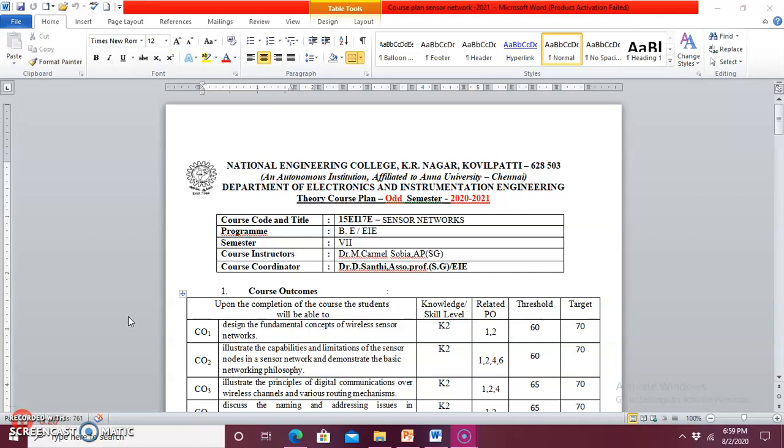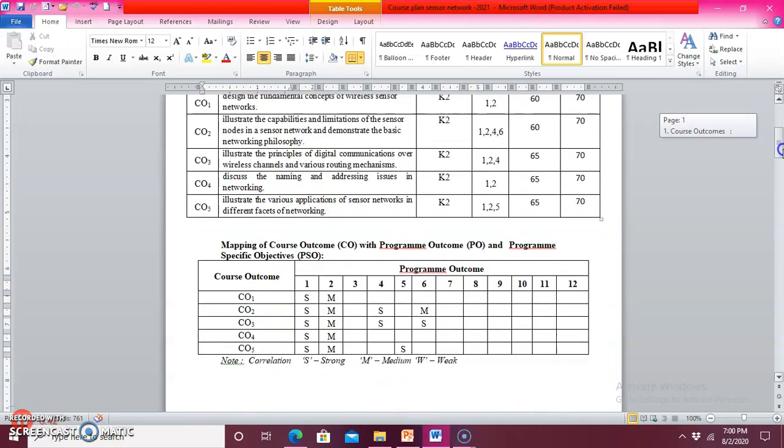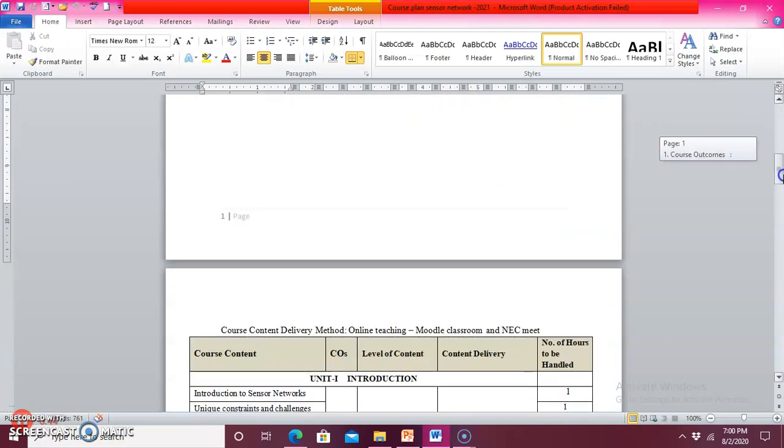The first outcome is fundamental concepts. The second is about the architecture. The third outcome is about communication protocol, and in the fourth unit we are going to see naming and addressing issues. The fifth unit is all about applications.